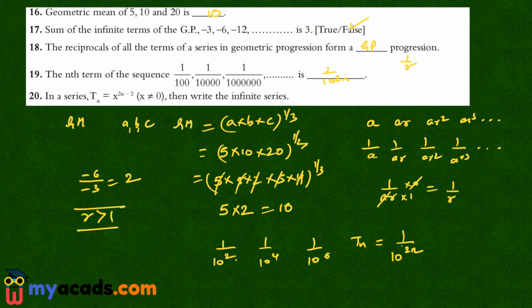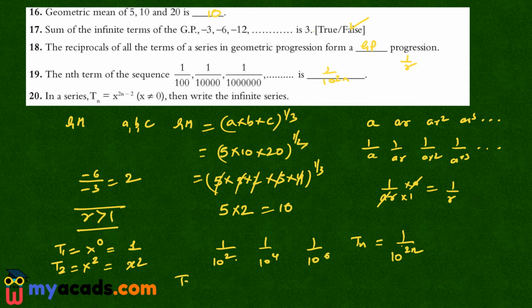Let's see question number 20. In a series, Tn is equal to x raised to the power 2n minus 2, x is not equal to 0. Then write the infinite series. So my T1 will be, instead of n, I will write 1. So it will be x raised to 0, that is 1. Then T2 is x raised to the power 4 minus 2, that is x square.